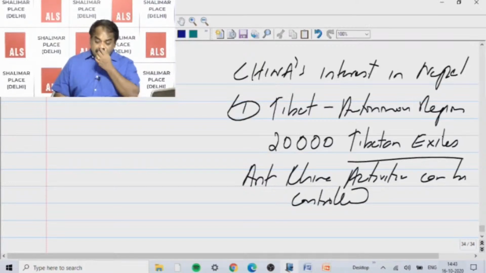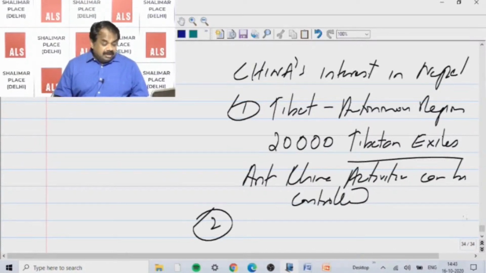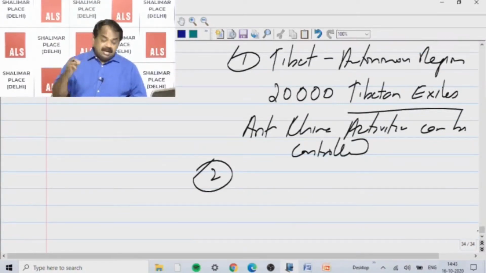That is why China is pushing that extradition treaty, as I already told, and they also feel that by having a friendly relation with Nepal, they can contain India in South Asia.